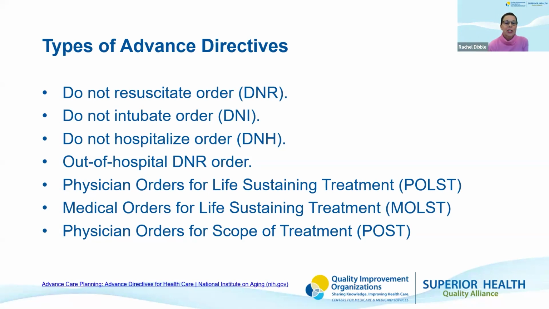Then we get into physician orders for life-sustaining treatment. This is your POLST form. It's called different things in different states. So medical orders for life-sustaining treatment, MOLST, and then physician orders for scope of treatment, POST. They're called different things in different states, but they are nearly exactly the same form. Next slide, please.